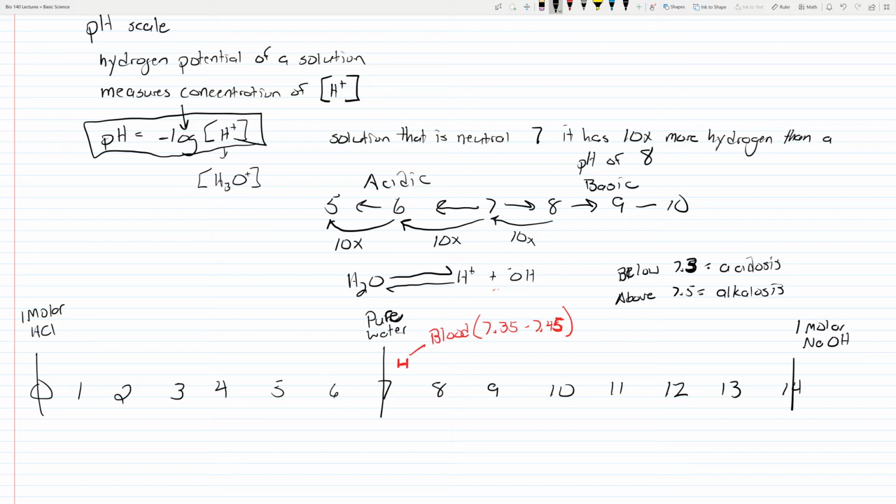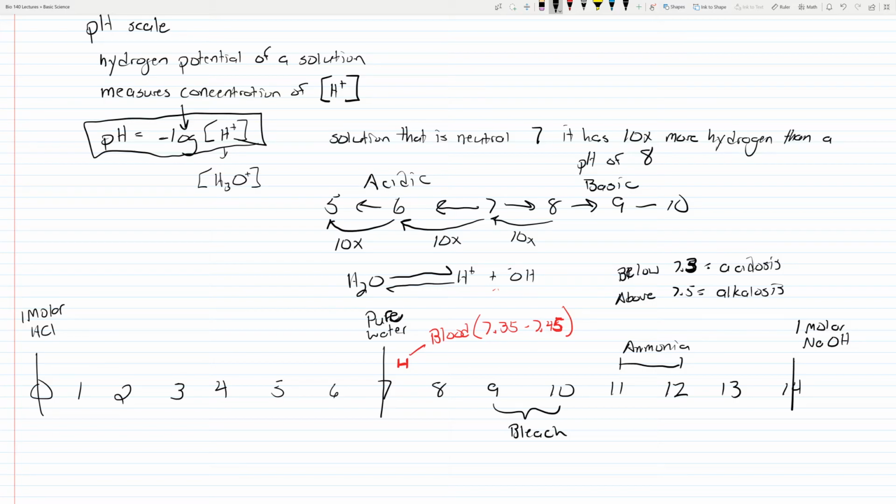One of the interesting things I find about this acid base stuff is if you look around the 9 and 10 area, this is bleach. 11 and 12 is ammonia. So these are the cleaning solutions, and cleaning solutions tend to be more basic.